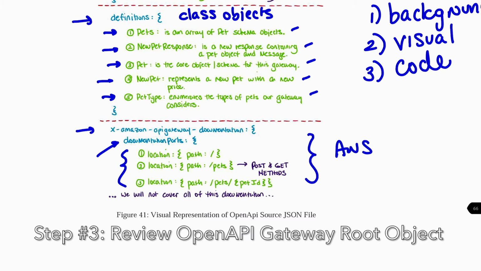We're not going to cover every single piece of this documentation right here. Unfortunately, I'm going to have to refer you to the AWS online documentation in order to learn a little bit more about this. It really would become a module strictly on that if we went down that rabbit hole too far.